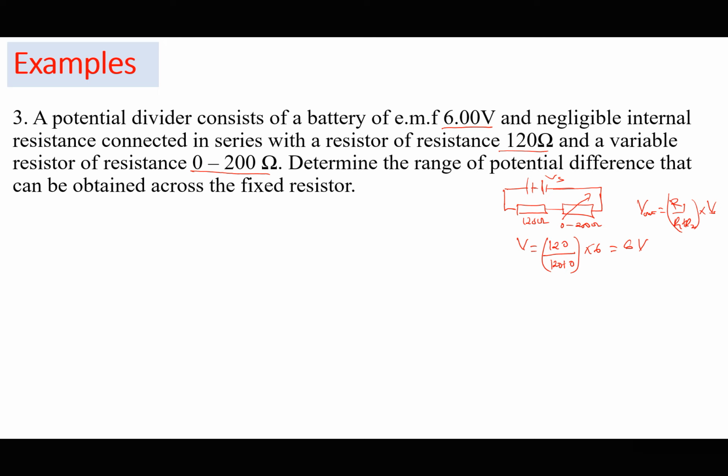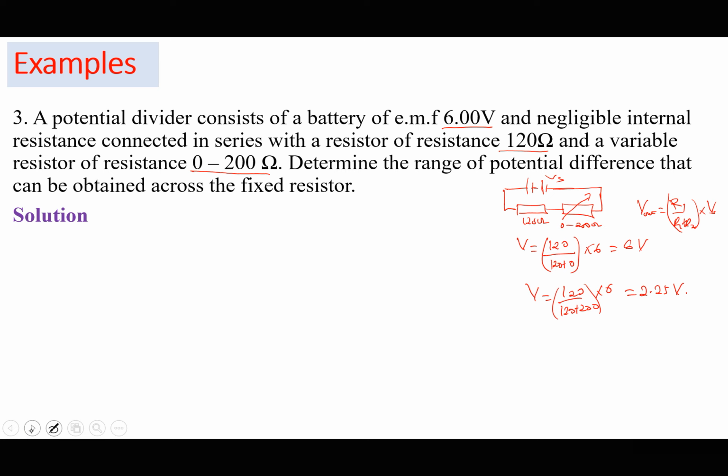Then when the other one is 200, V could be equal to 120 over 120 plus 200, then times 6. 120 divided by 320 times 6 is 2.25 volts. So the range is from 2.25 to 6.